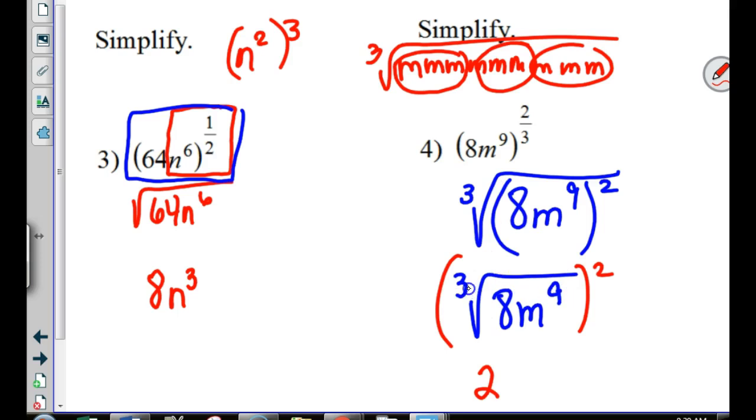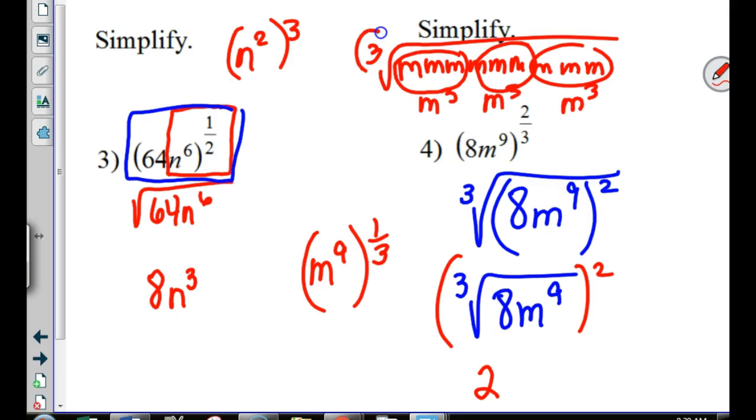What power is a cubed root? 1/3. So if I just have an m to the 9th to the 1/3, what do I get? Yes, I multiply those and get m to the 3rd. See, if this was an m cubed, and m cubed, when I cubed rooted, each one of those would just become m. So I'd have an m times an m times an m, or m cubed. All right, got an m cubed here. I somehow made that very complicated, I'm sorry.